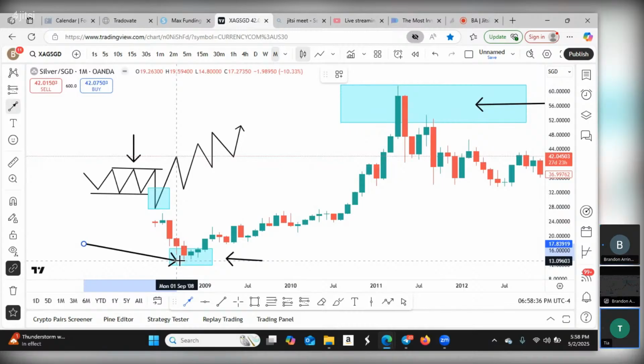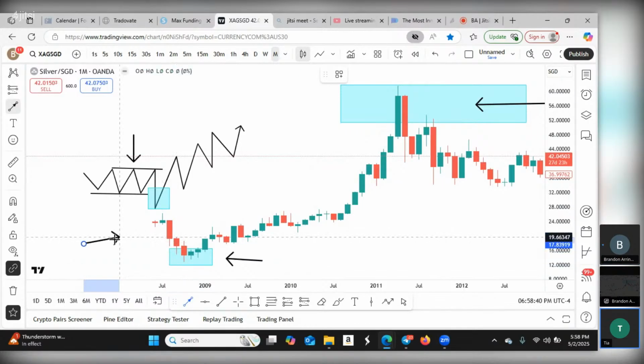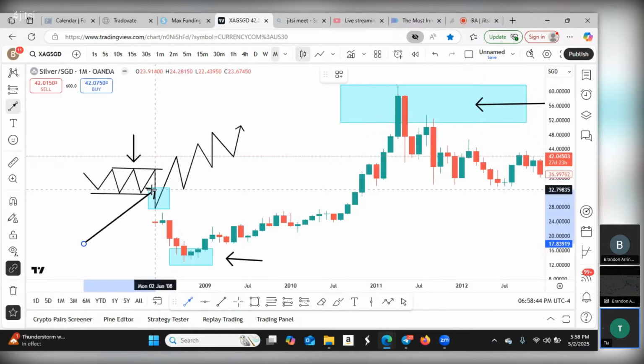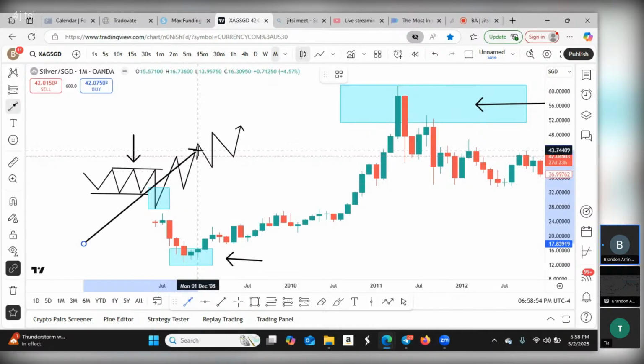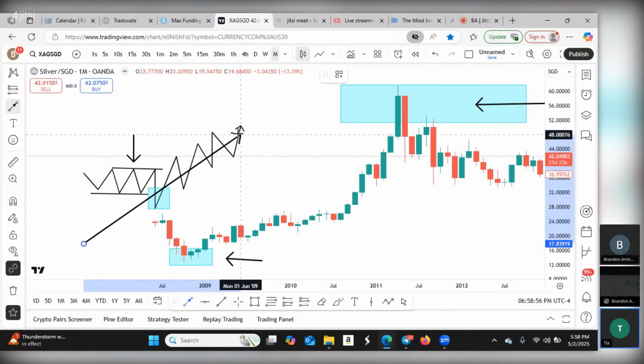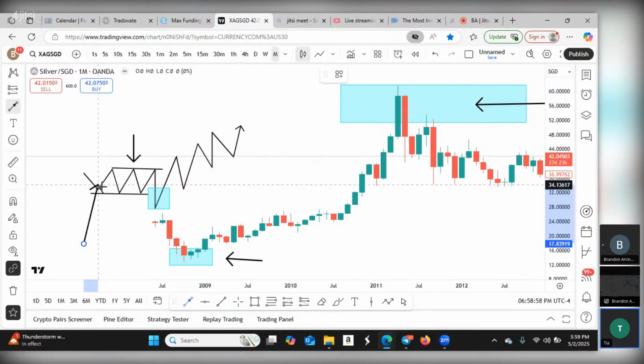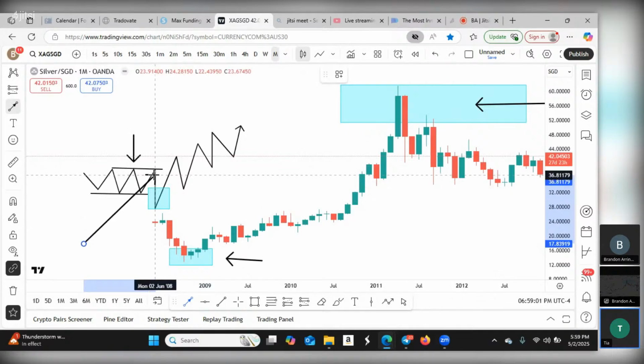You see what I'm saying? So the goal of a market maker is to trap as many traders as they can in this little area on a smaller time frame. Once they've satisfied that, taking profit at a discount, they're going to take price into the intended direction.